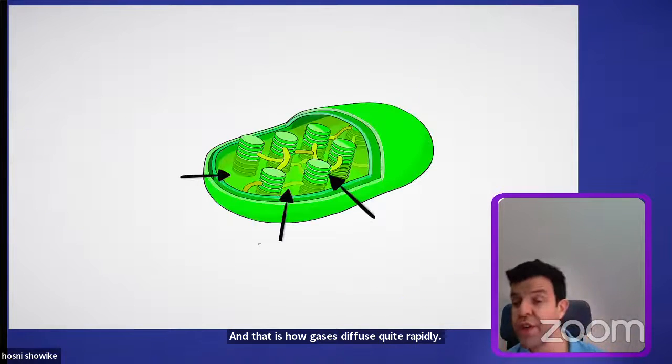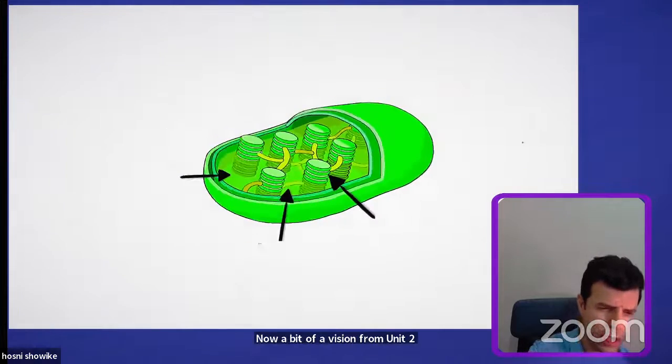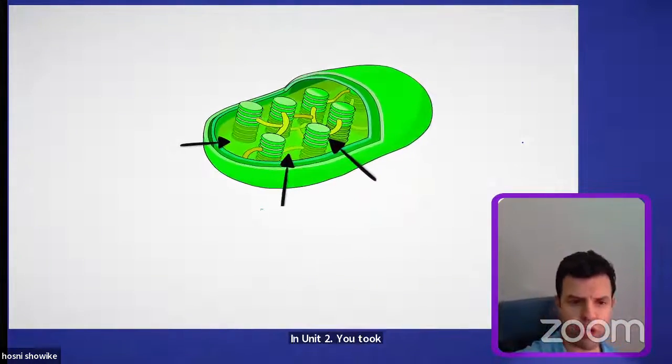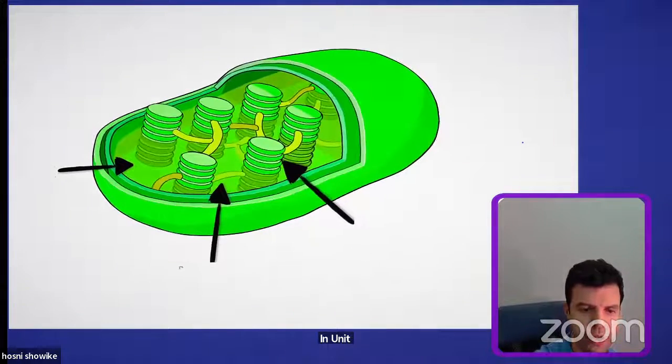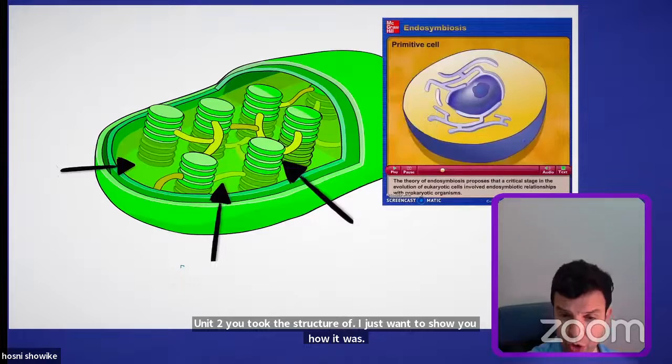Now, a bit of revision from Unit 2 about the chloroplasts. In Unit 2, you took the structure of chloroplasts. I just want to show you how it used to be before it was a chloroplast.